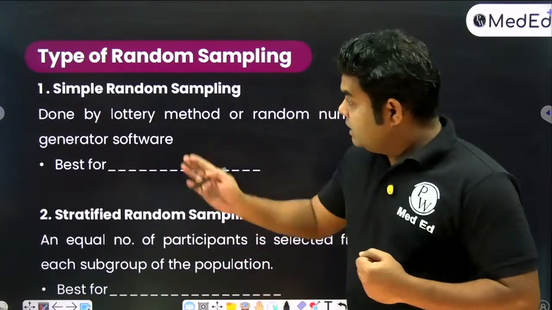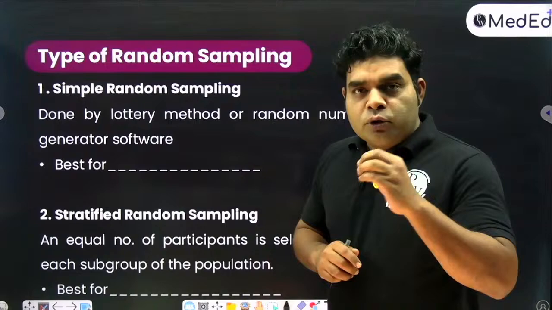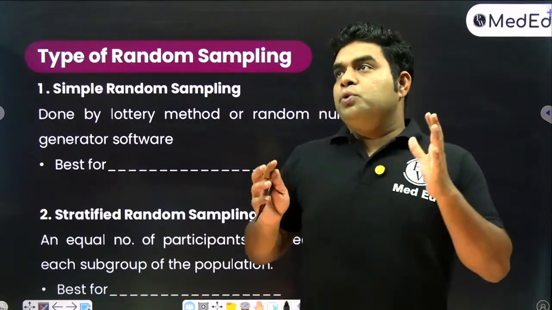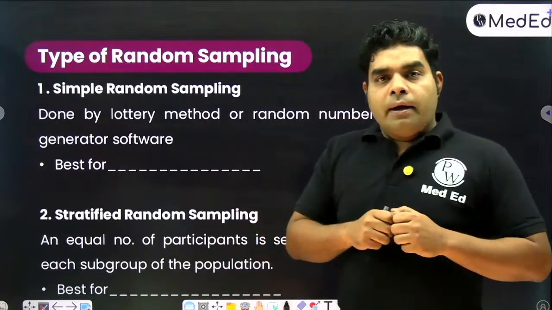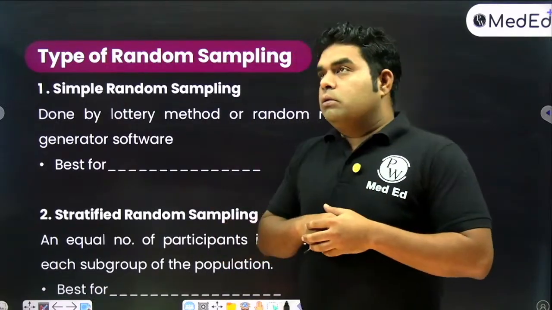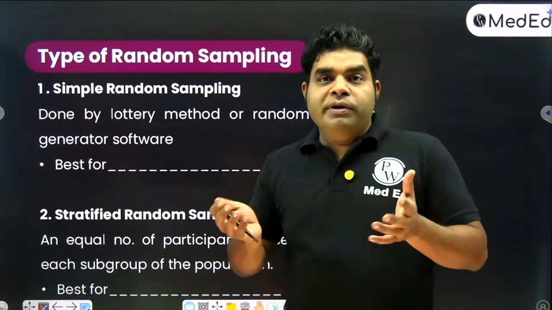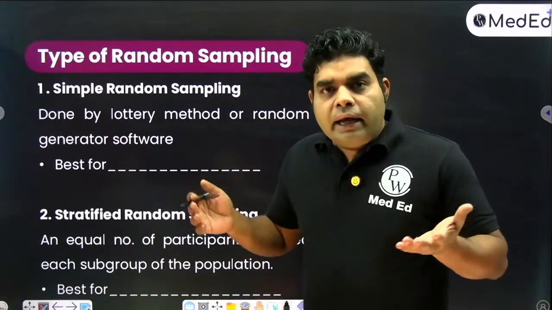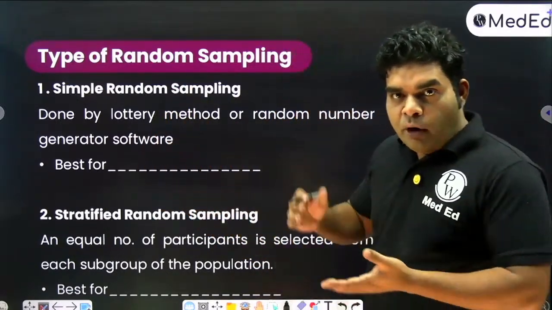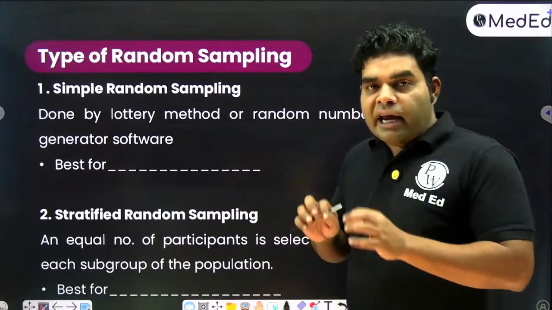First is simple random. Suppose I have to choose any 10 students out of your class of 100 and I want to know how many movies you watch in a week. I want to do a study on that topic. So I can take your names from the management and put them in the computer.